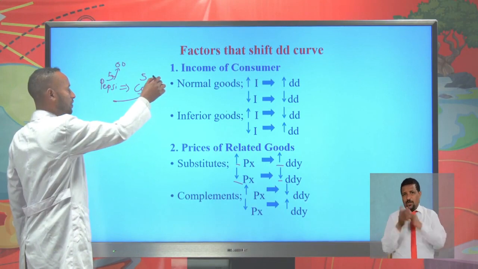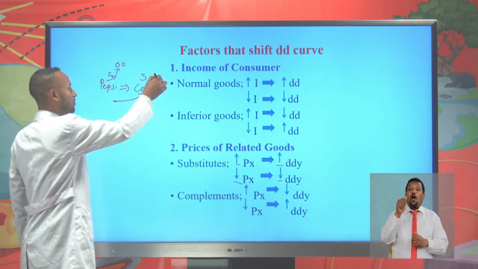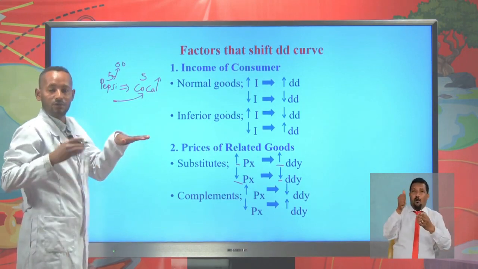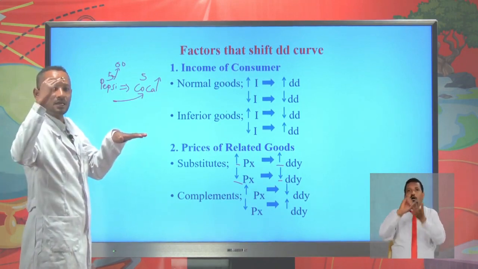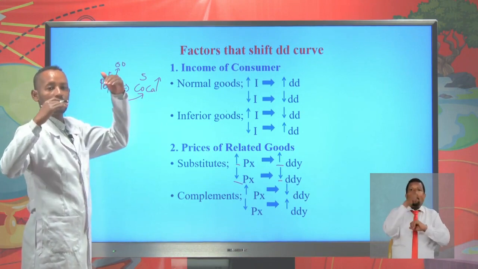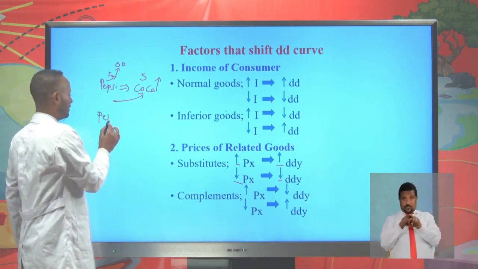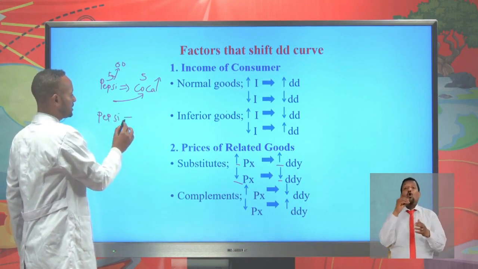Then what would happen to the demand for Coca? The demand for Coca will increase. So if the price of Coca remains unchanged with an increase in the price of Pepsi, then the demand for Coca will also increase. Similarly, Pepsi and Coca are substitutes.